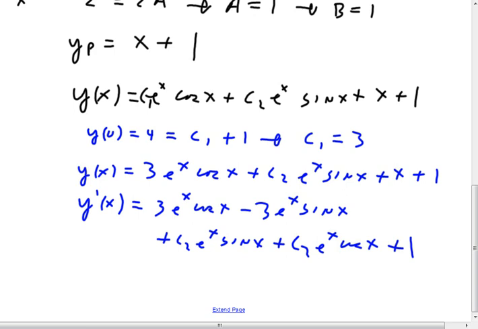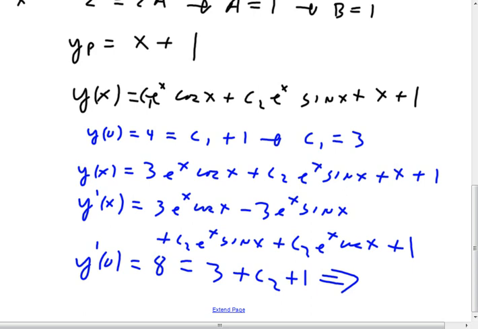And y prime at 0 is going to be 3 from that guy, plus c2 plus 1, implying c2 is equal to 4.